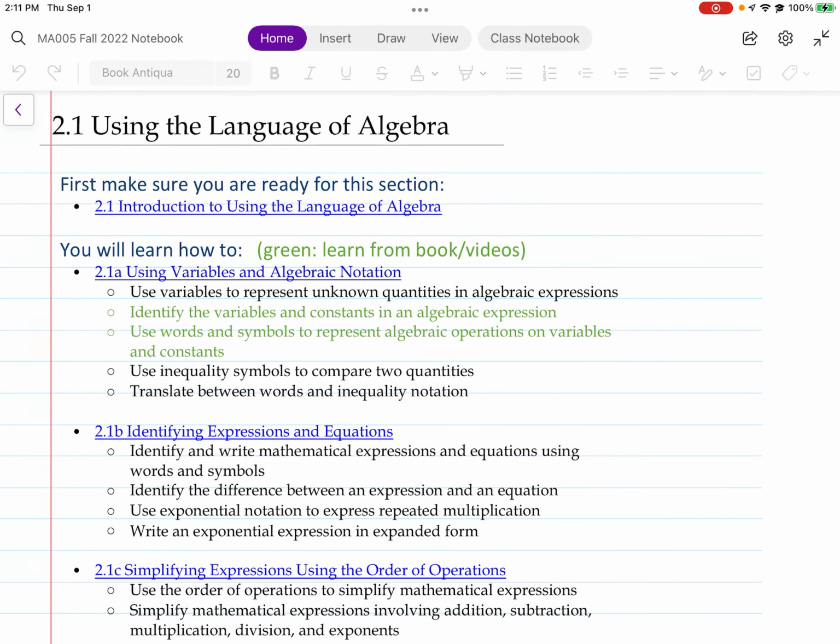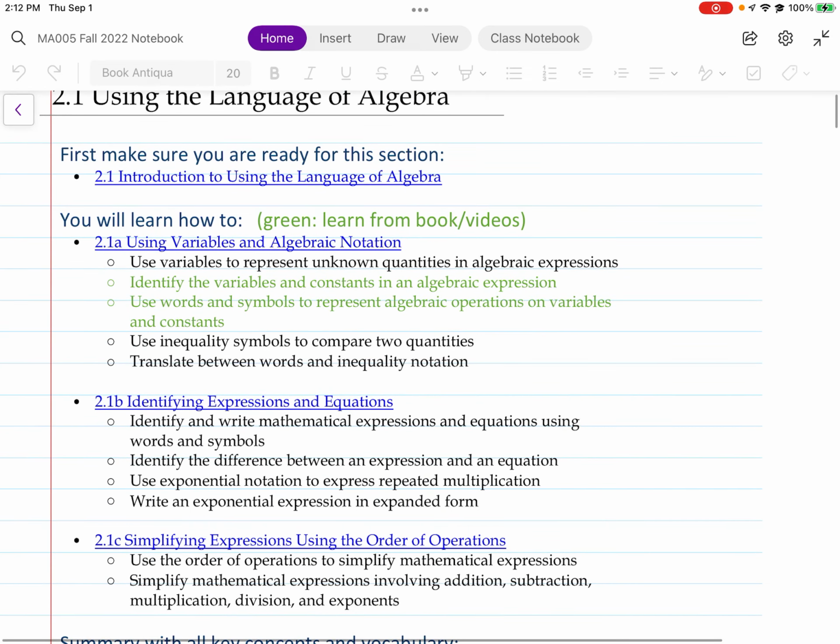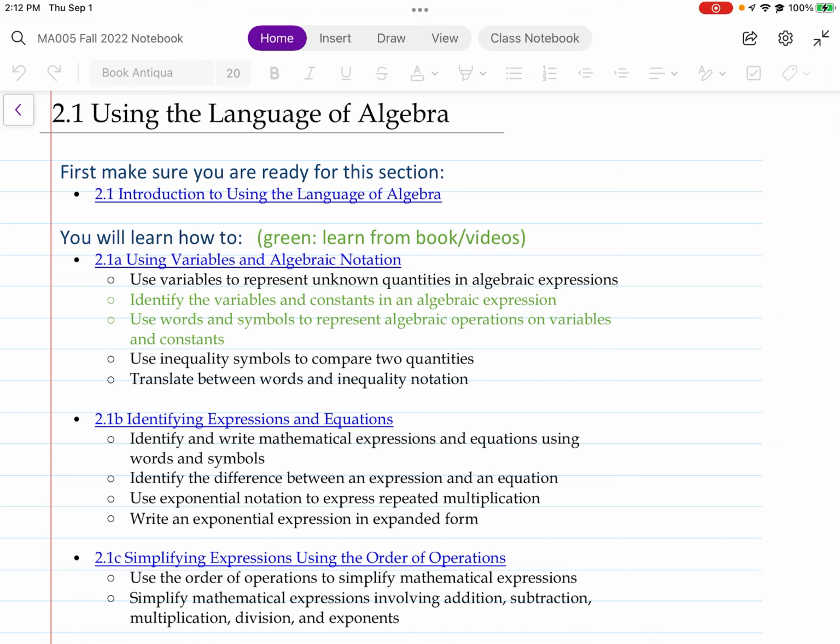Of algebra. Now, this introduction section looks just a little bit different, and I'm going to start doing this for every section. From OneNote, you can tap on the underlined sections, and that will take you directly to the textbook for that section. So all of the objectives are there, and you can click right on it.